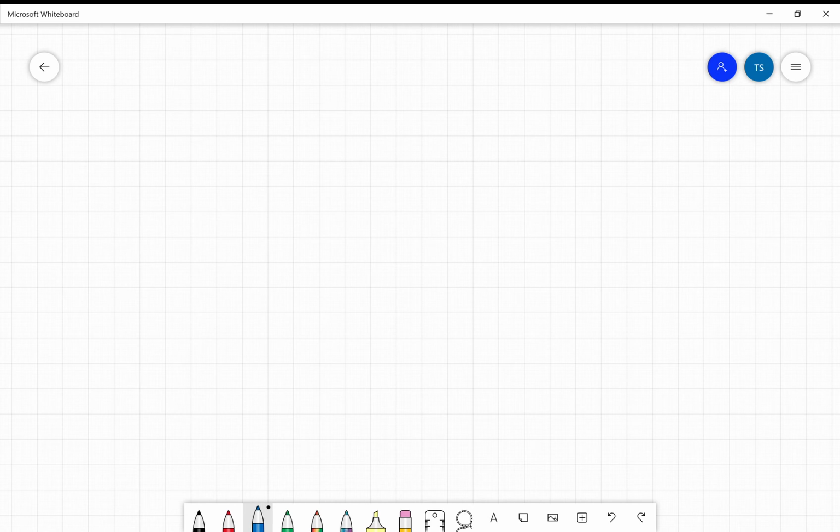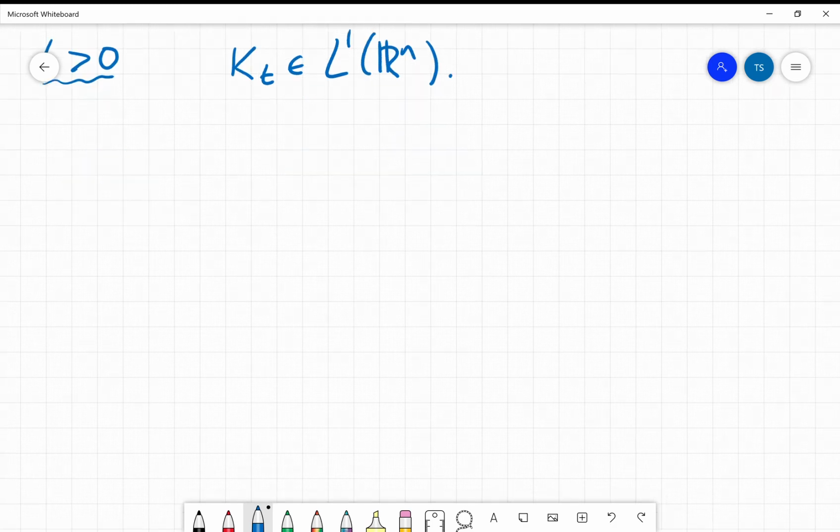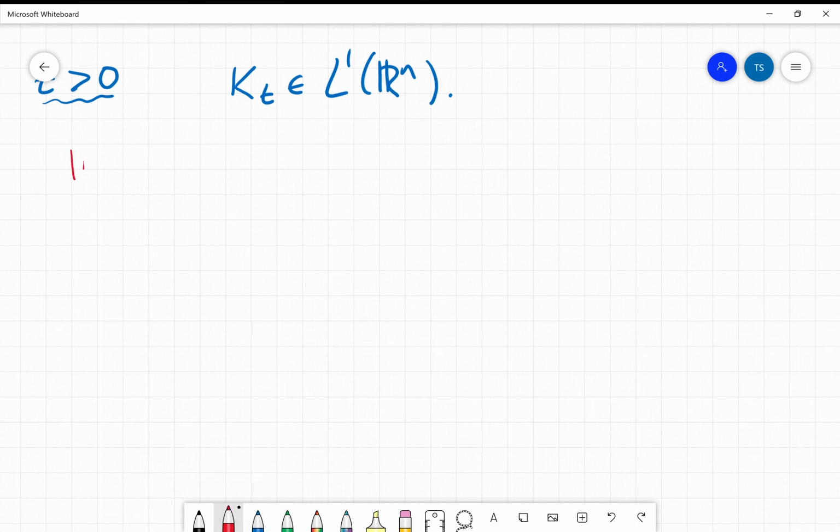So a good kernel has the following property. It's a function from Rn, and in fact it's L1. You've got an index t greater than 0, and kt for every t is L1 in Rn.